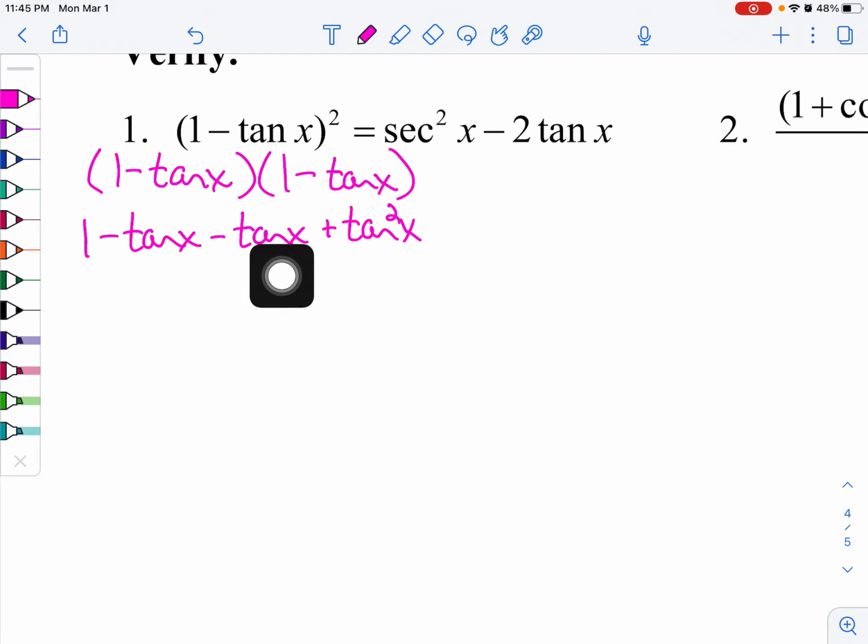Remember, I always want to look to the right side to see what I'm trying to turn it into. So I can see that I have negative 2 tangent of x, but somehow I need to create a secant squared.